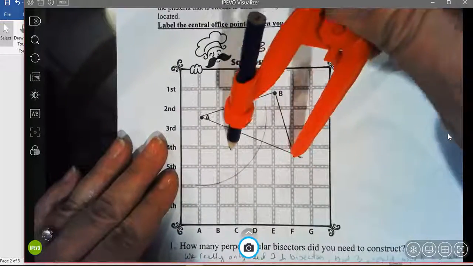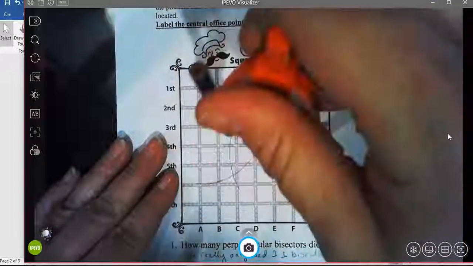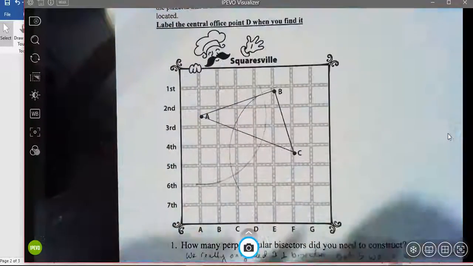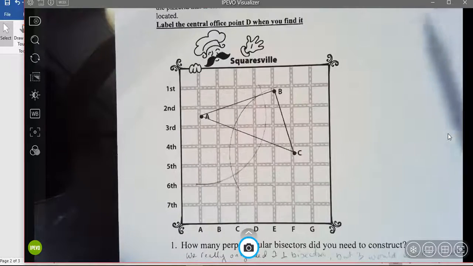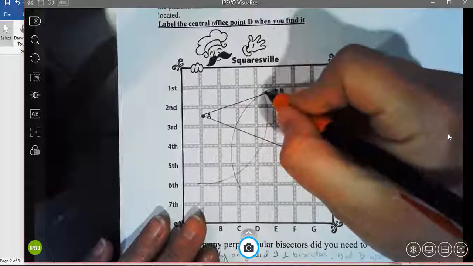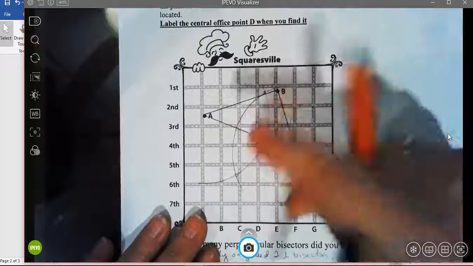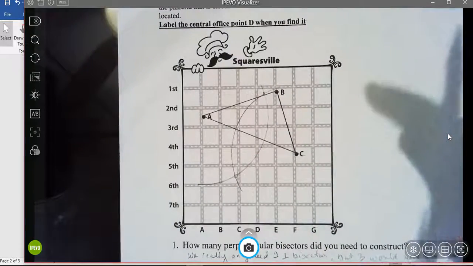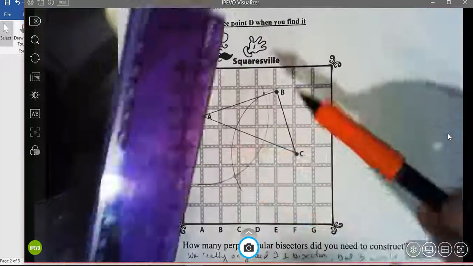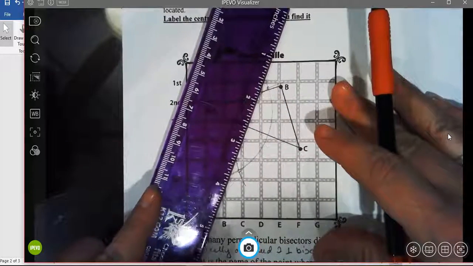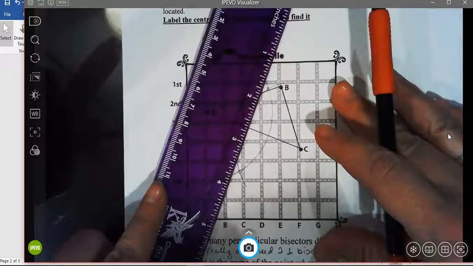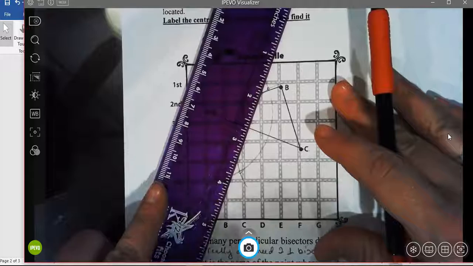Let's try it this way now. See, notice I didn't change the distance of the compass, and you can see right here we create 2 points where the arcs intersect.